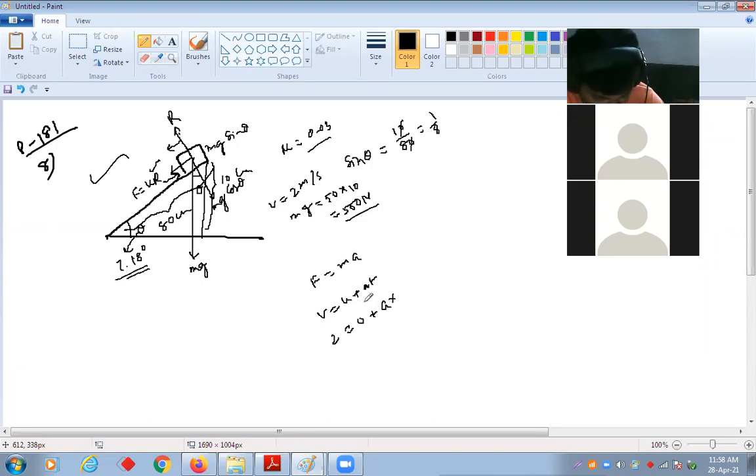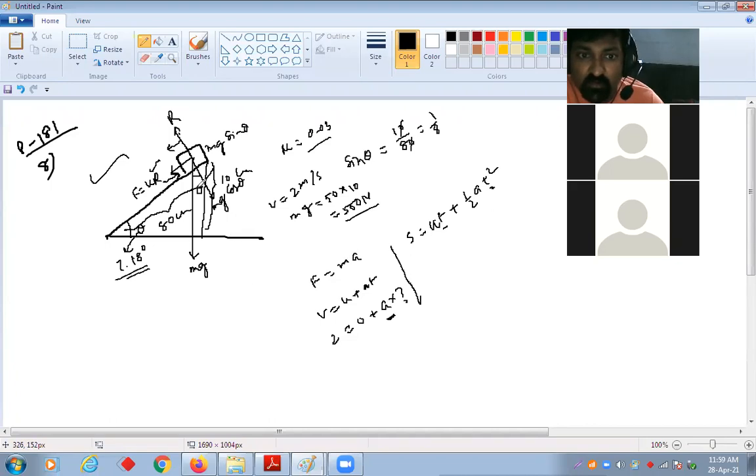And how much time it took, that also is not given. So for S, we also have this formula, ut plus half a t square. Here also you don't know the time, but you know u was 0, the initial velocity, and a was unknown.